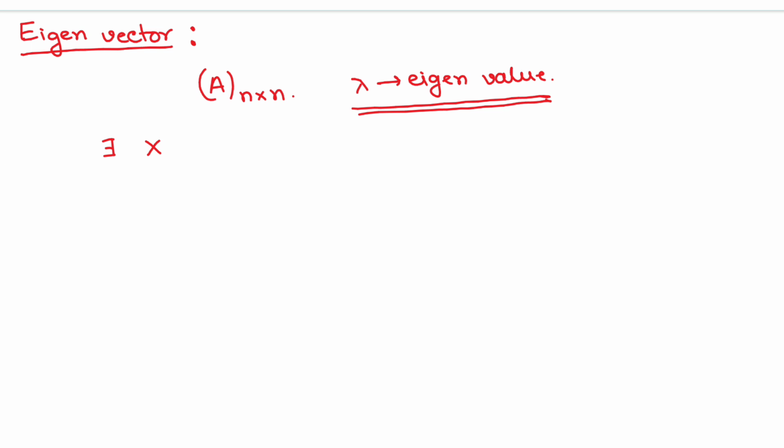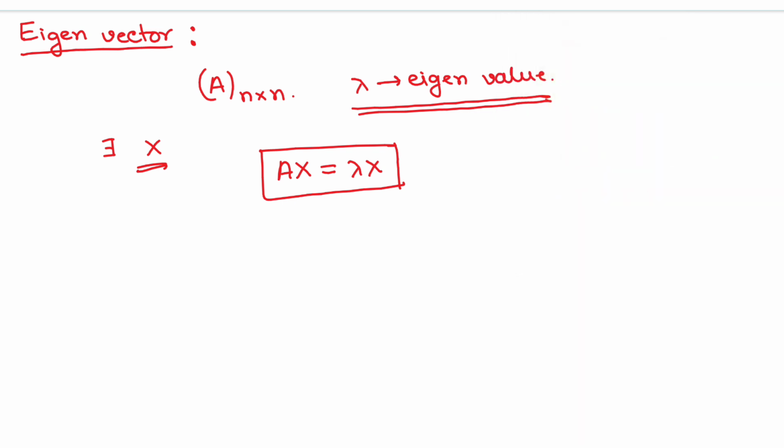Now the result is, if you multiply this vector X with the given matrix A, that will be equal to lambda into X. I am repeating, if you multiply the vector X with the given matrix A, that will be equal to the product of the eigenvalue and the vector X. Clear?